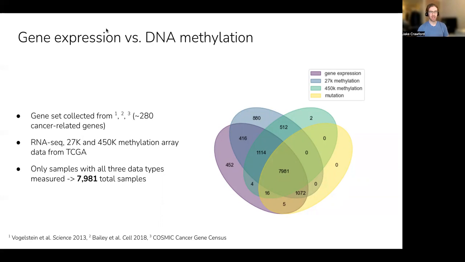We're using 27K and 450K methylation array data from TCGA, and we're also using RNA-seq data, of course. And as target genes to define our labels, we're using about 280 cancer-related genes from these 3 review papers. A lot of them are strong drivers or genes that are shown in the pan-cancer context to be very cancer relevant.